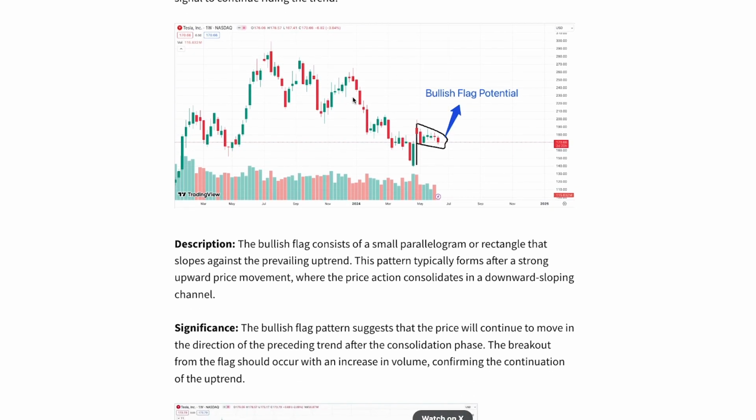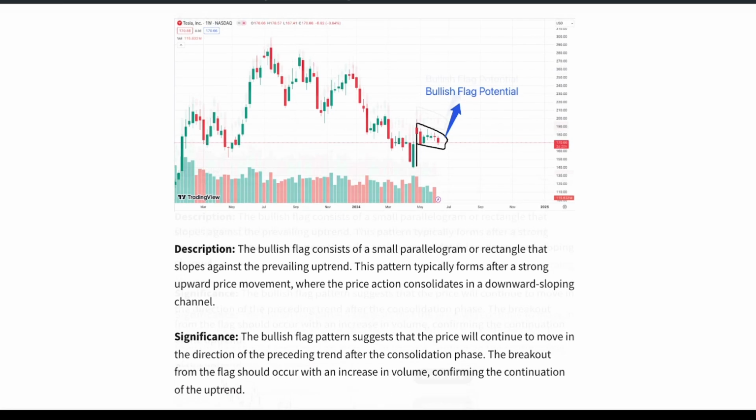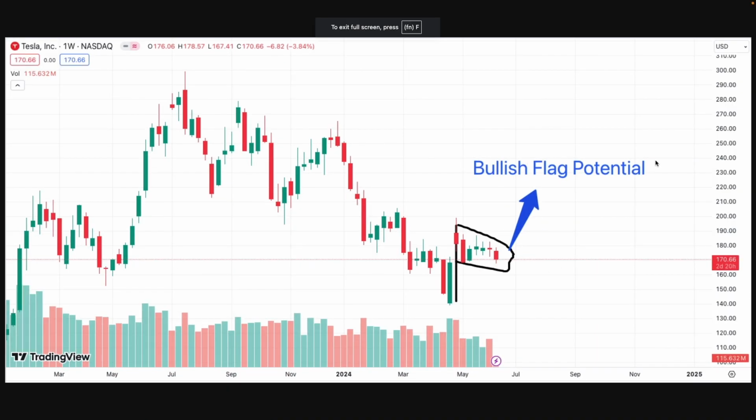If we take an image of this and open it here in a new tab, we can see the bullish flag that is currently forming in Tesla. It's June 12th now, and we'll see how this pans out over the next few days.